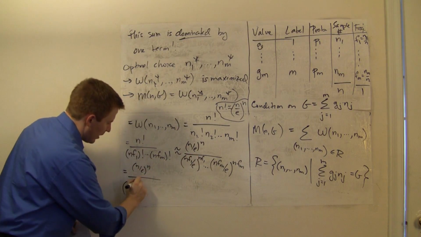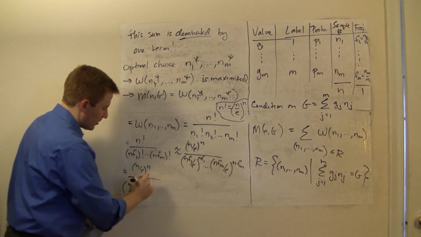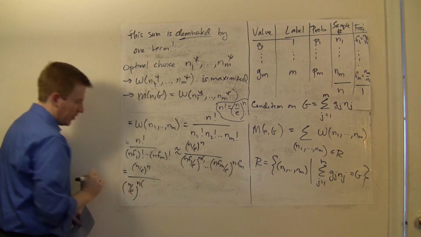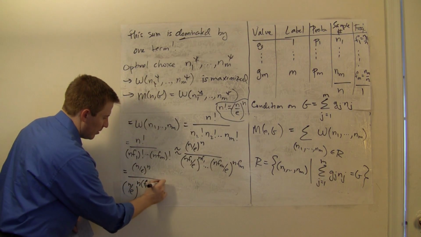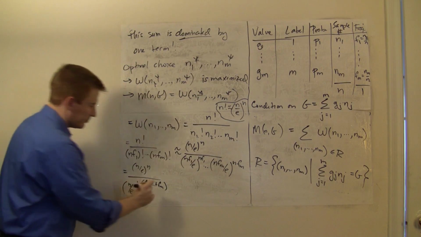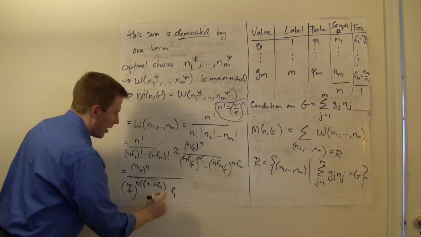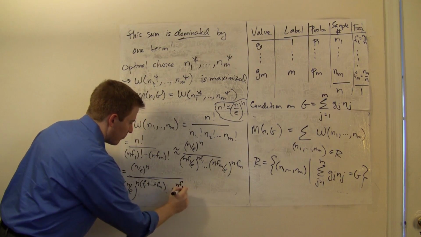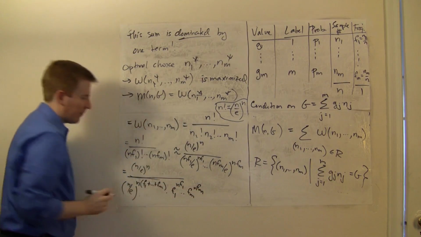And then we're going to have n f1, n f2, dot dot dot, n fm. If we group together those terms, it'll be n over e to the n times the sum of f1 through fm. Then we have terms left over like f1 to the n f1, dot dot dot, fm to the n fm.